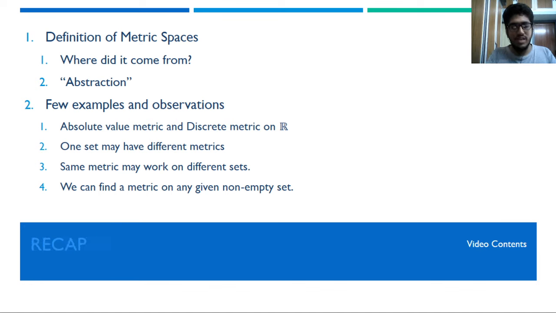Now let's quickly recap. We talked about the definition of metric spaces. Where did it come from? We talked about the idea of abstraction, and I'm going to emphasize it again. The pure joy in learning real analysis or any pure paper is understanding how they have abstracted a concept, how they have tried to bring out a real world concept and put it in mathematical terms.